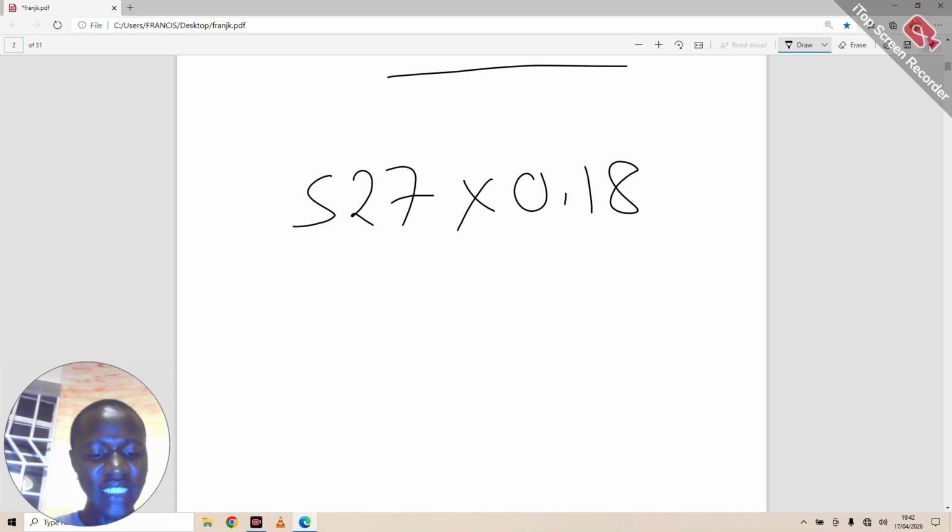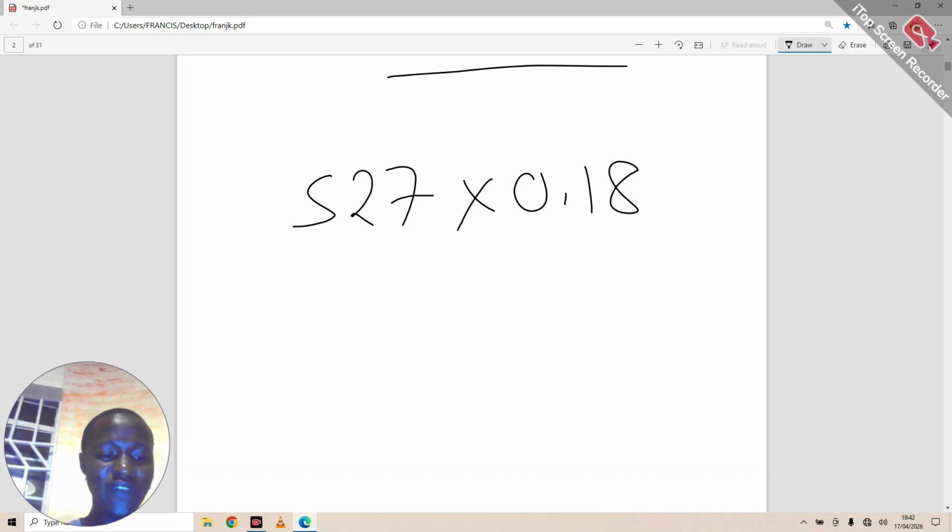Hence, find the percentage error arising from the approximation. Very easy. Remember, I told you how you can use a calculator when you don't know what 527 to one significant figure is giving you.